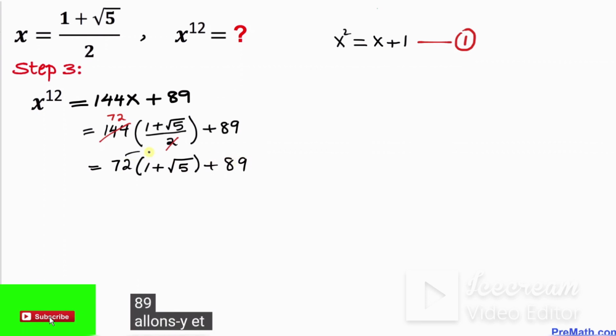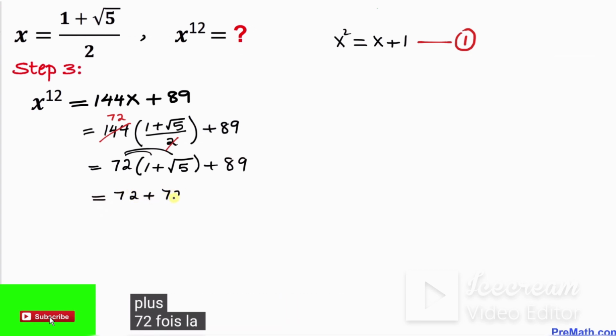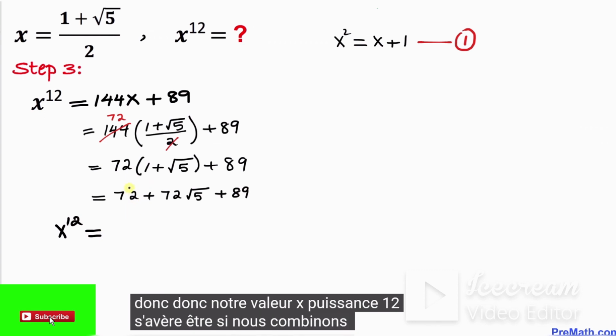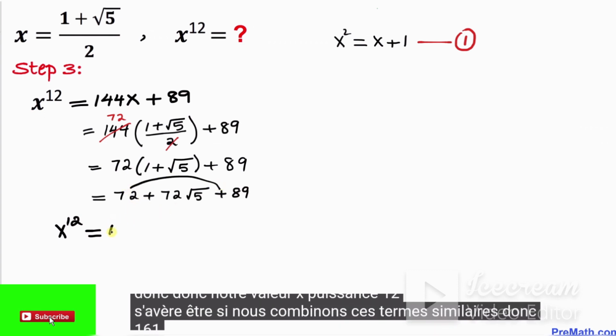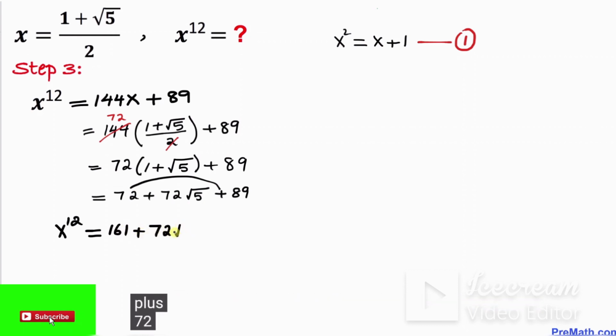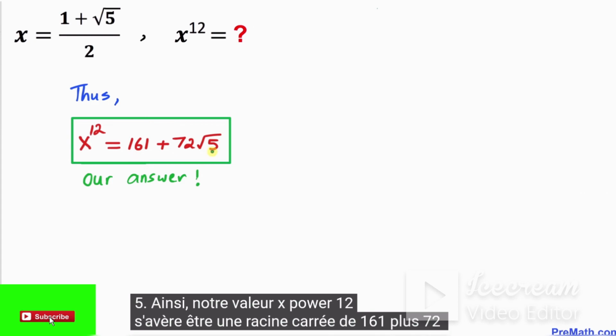Let's distribute this one. So we are going to get 72 plus 72 times square root of 5 plus 89. Thus our x power 12 value, if we combine these like terms, turns out to be 161 plus 72 times square root of 5.